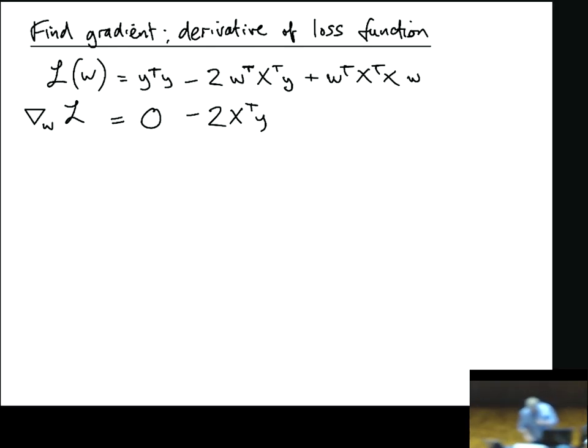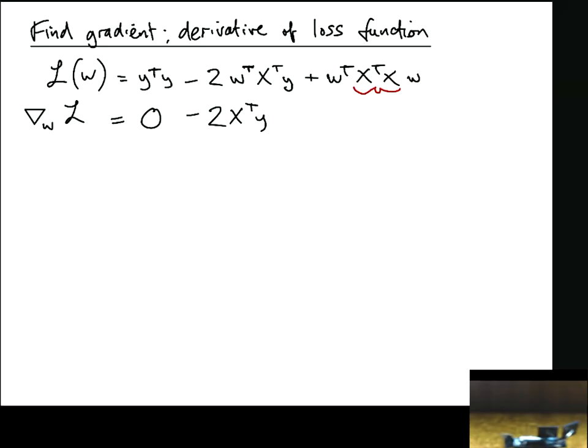Okay, so it turns out that we can look at this thing here. What's happening here is we're doing a matrix-matrix multiplication. So X transpose X. Let's go back to dimensions.